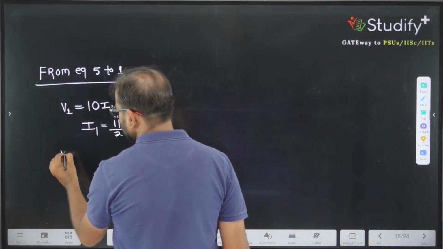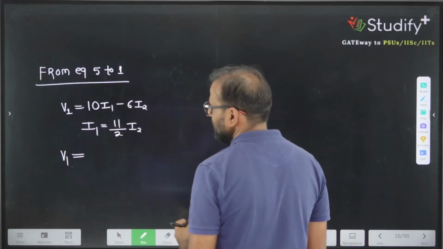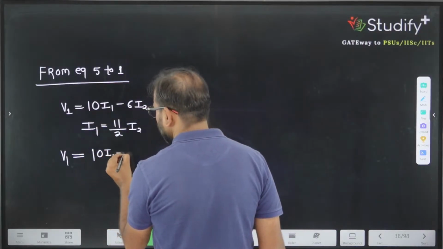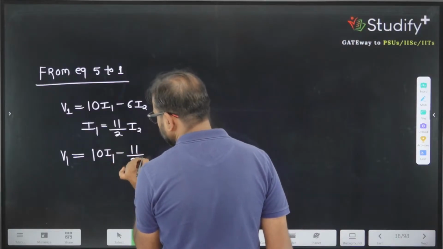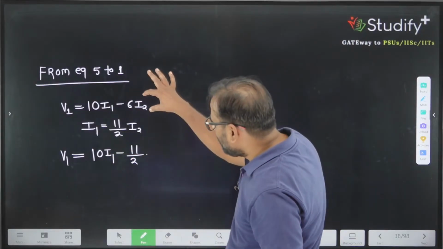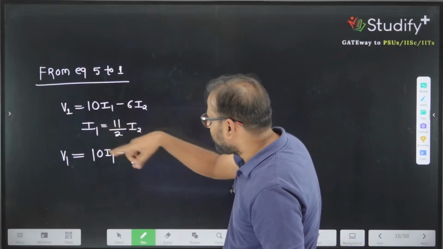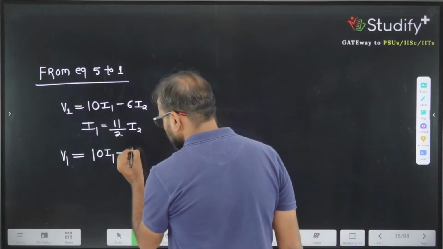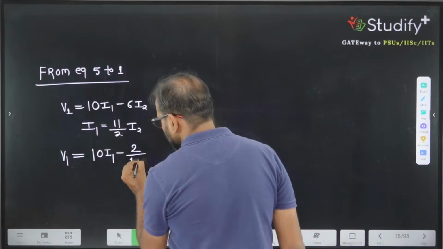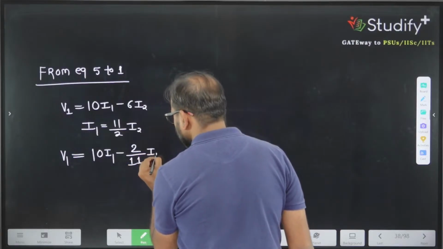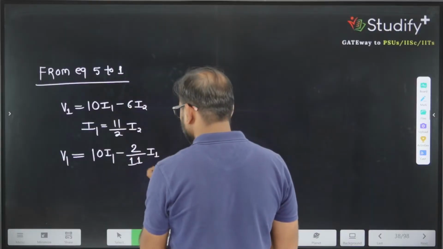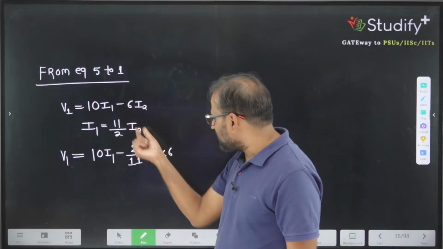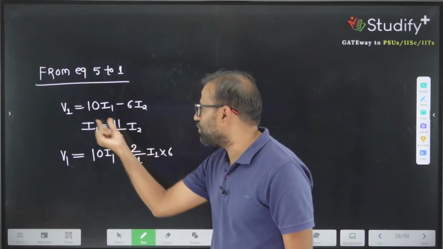So V1 is equivalent to 10 times I1 minus 6 times I2. What is the value of I2? The value of I2 is 2 by 11 times I1. So this is 6 times I2, and I2 is 2 by 11 times I1.